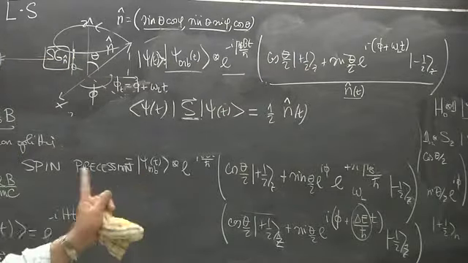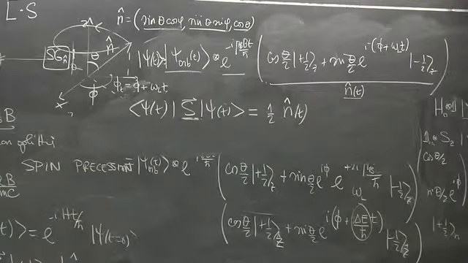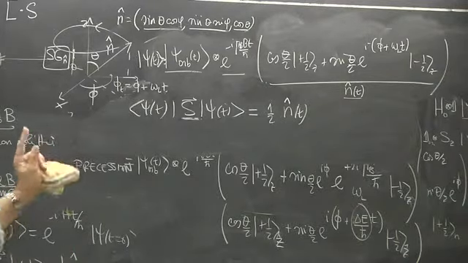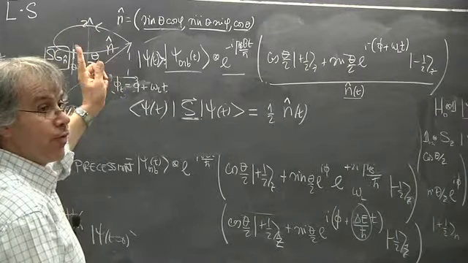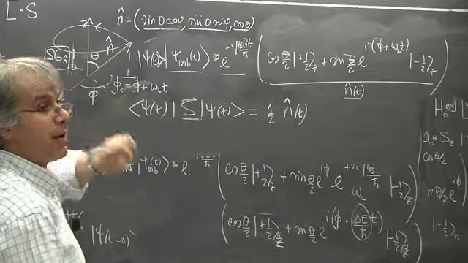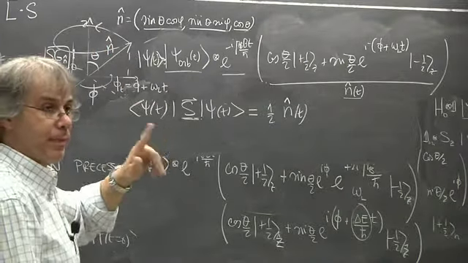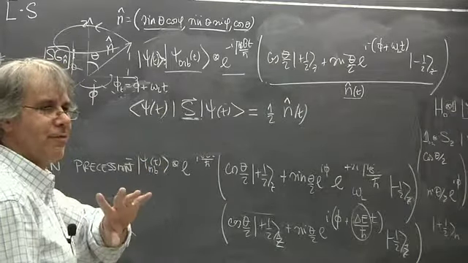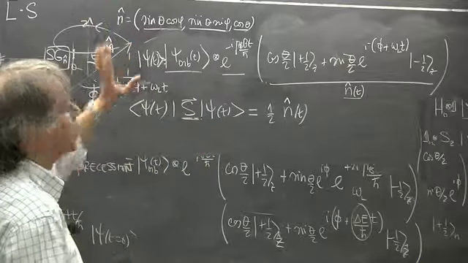Is this clear now? Spin precesses, and the average value is changing. So for instance, the average value of z is constant, you see, because the theta is not changing. So if I keep measuring Sz, I will find always the same number, cos theta over 2 on average. When I measure, I always find plus 1/2 or minus 1/2, but with probabilities that are functions of theta, and the average is cos theta over 2.